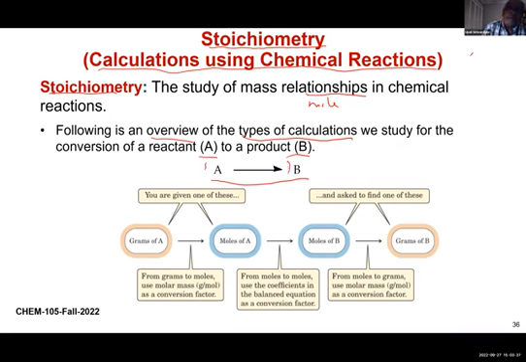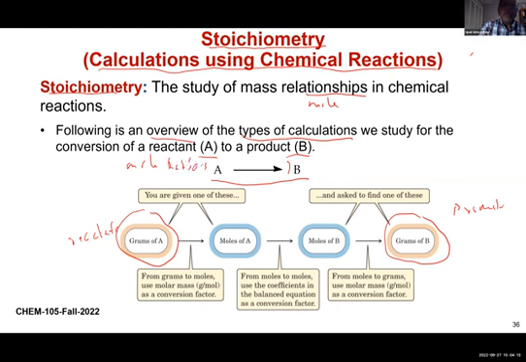When you convert 1 mole of A, it ends up with 1 mole of B. Now, normally in a lab, we start with grams of reactant A and end up with grams of product B. To use the calculation, the stoichiometric coefficients show only the molar ratio.